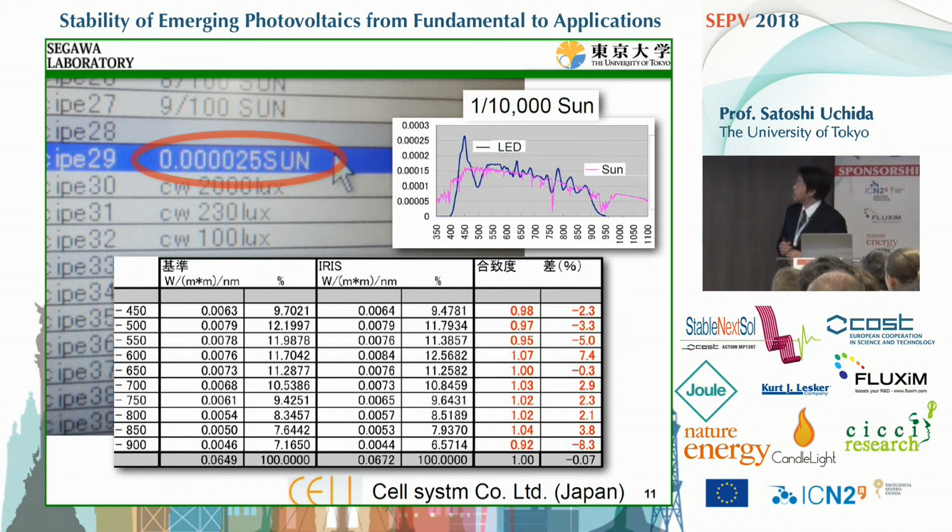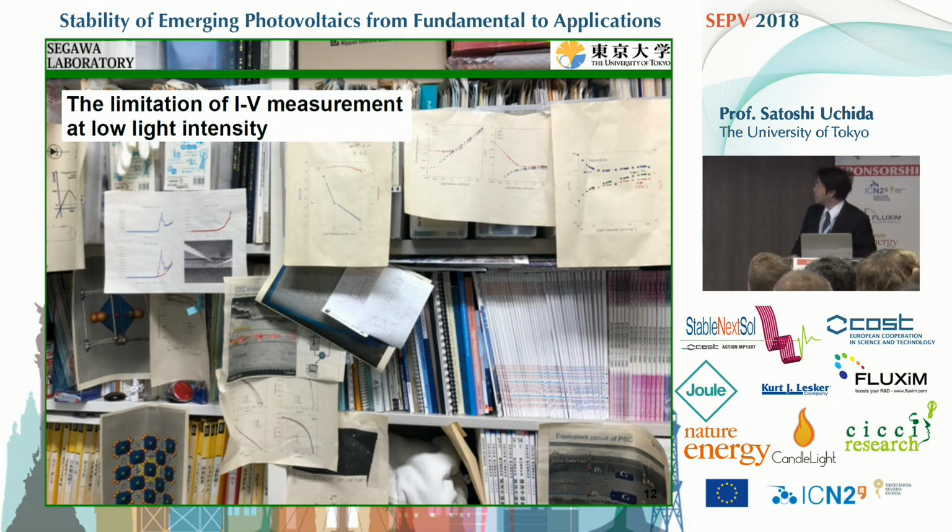The machine is potentially available up to 1 by 1 million sun, a 7-digit range, very hard to say. In that case, only one part exceeded 7.5% error a bit, but most of them are within 5% error.